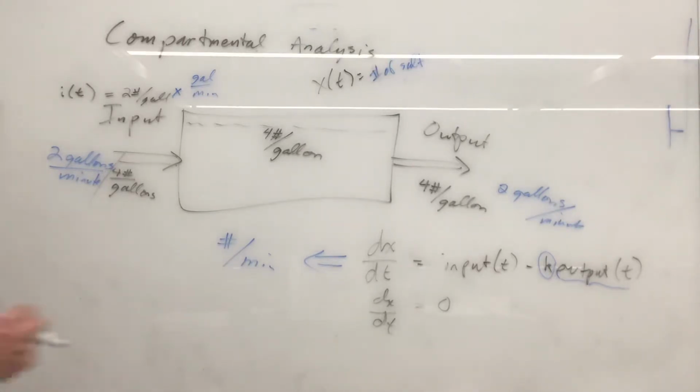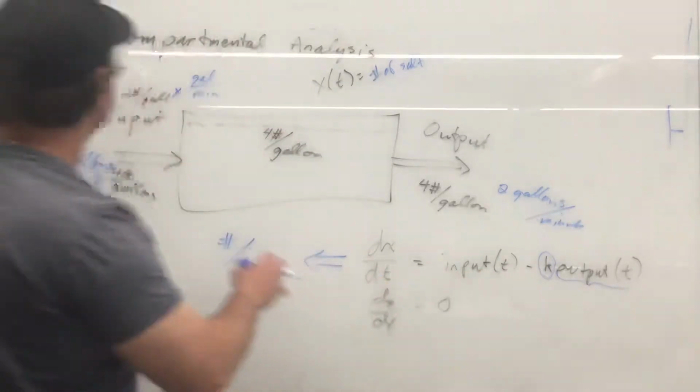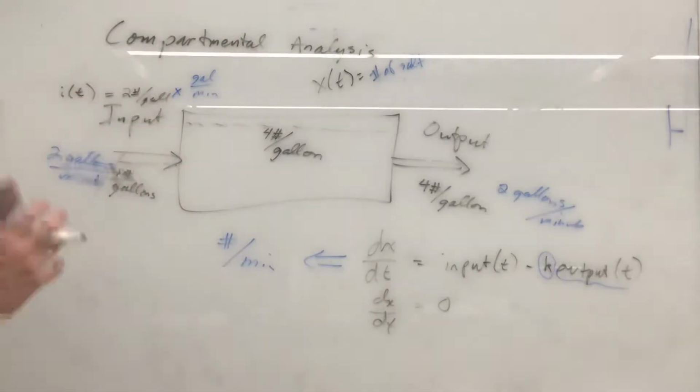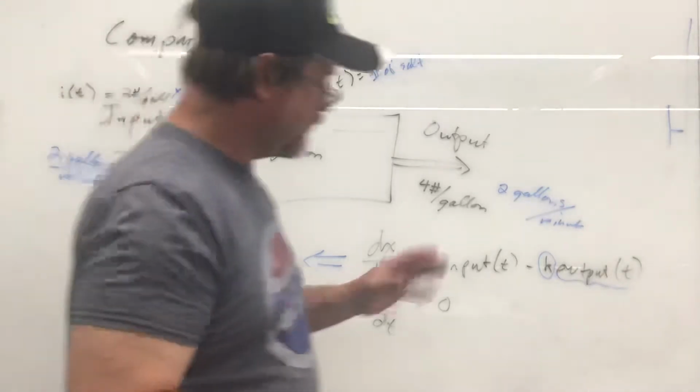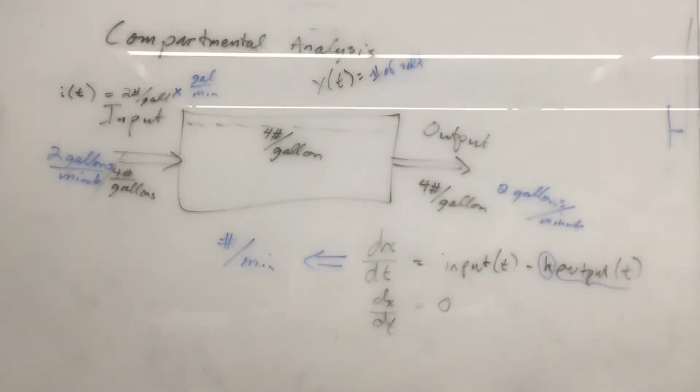And the input isn't just the number of pounds per gallon, it's the number of pounds per gallon times the number of gallons per minute, so we know how much salt is coming in per minute in order to get our units right.